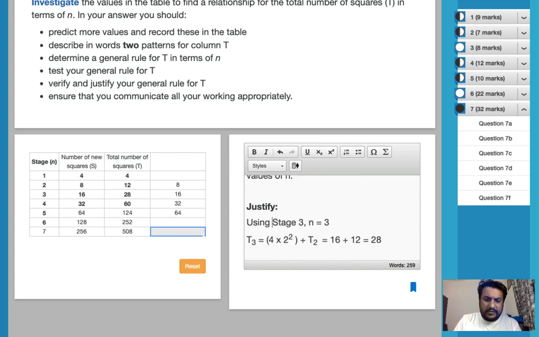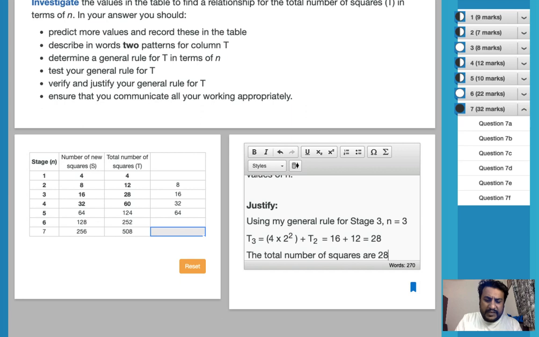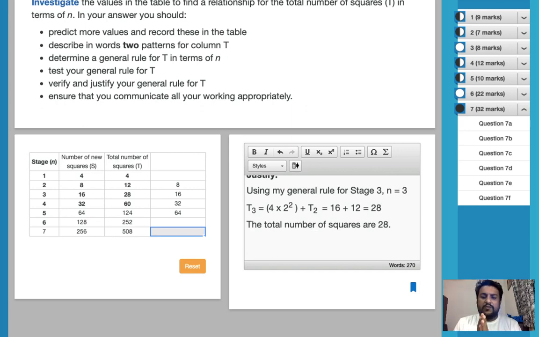Using my general rule for stage 3, the equation of T3 is this, which means the total number of squares is 28. Now I'll use the concept of area of rectangle.